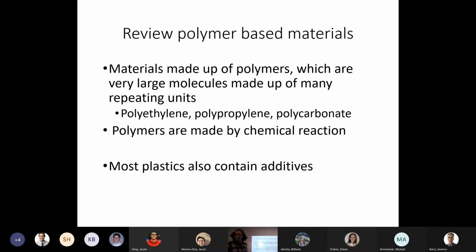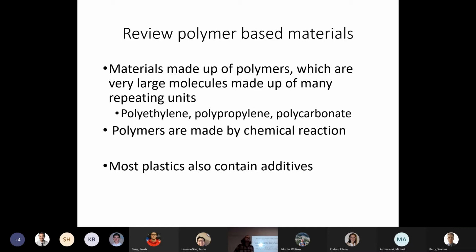So we want to just talk about polymer-based materials. When we talk about plastics, a lot of times we refer to thermoplastics, and then we also may say thermosets or thermosetting plastics. We can also call these polymer-based materials.